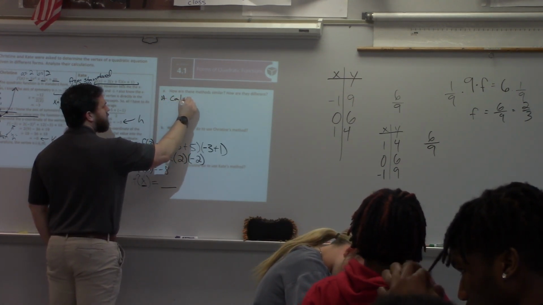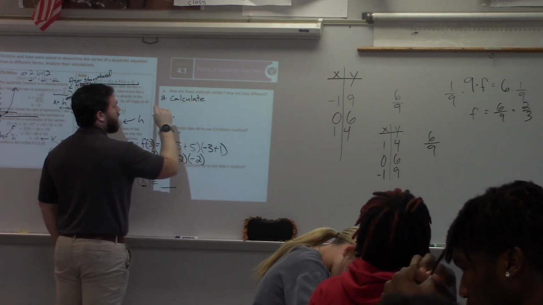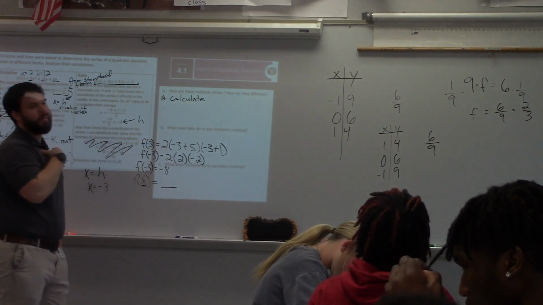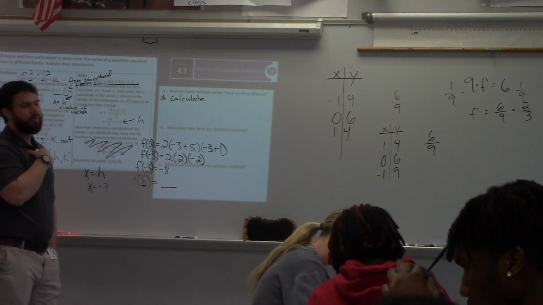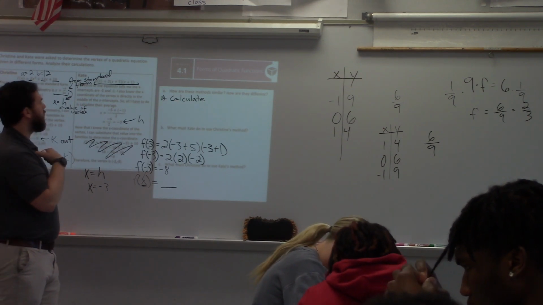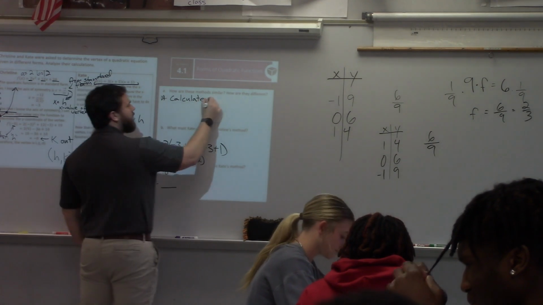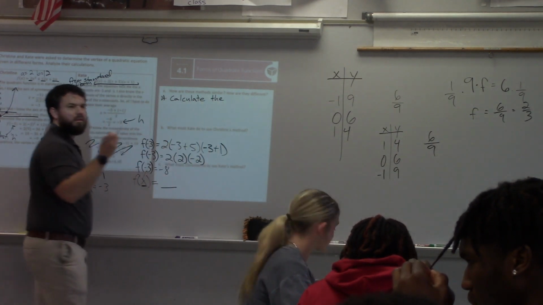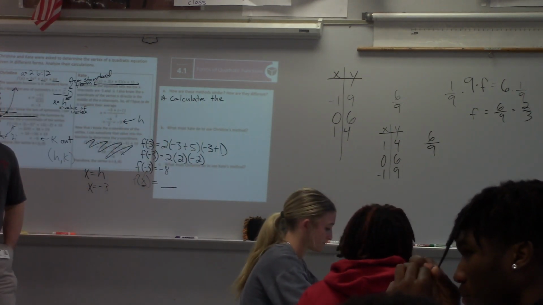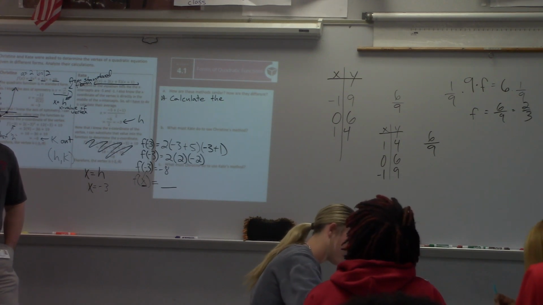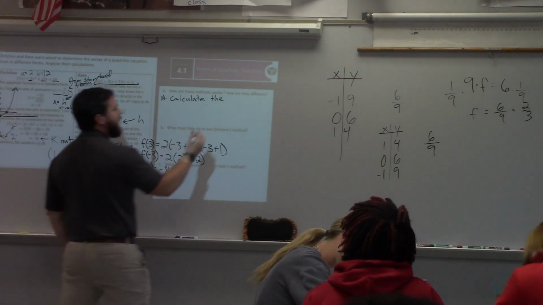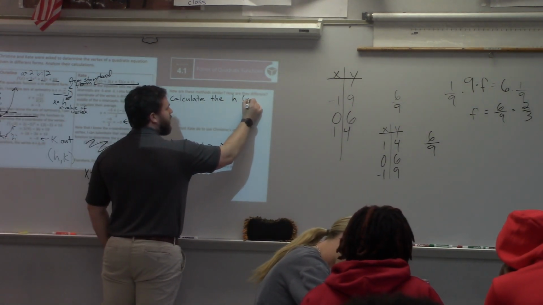Calculate. I would put this on the paper. It's more accurate on the paper. Okay. I actually need to update this because that's the wrong piece there. But calculate the, what is the letter we're using to represent that x value of the vertex? H, right? So calculate the h, right? X value of vertex.